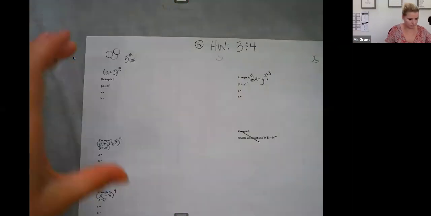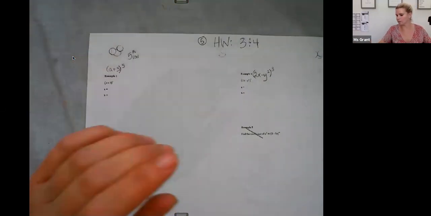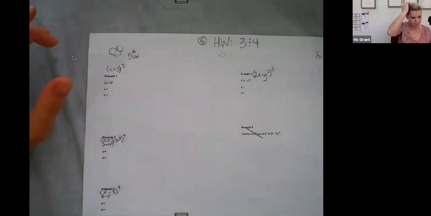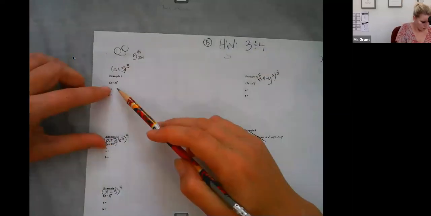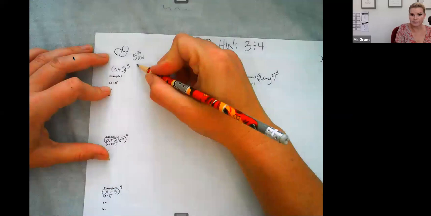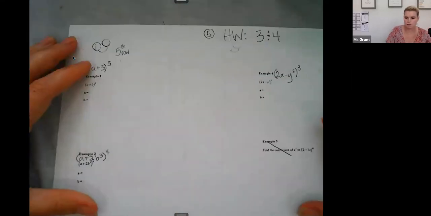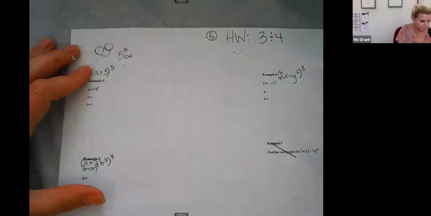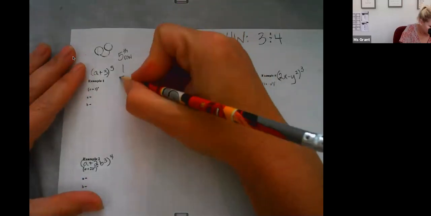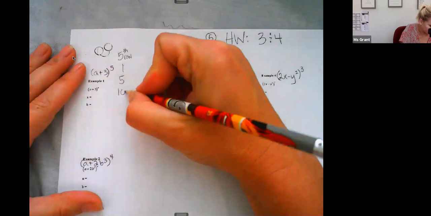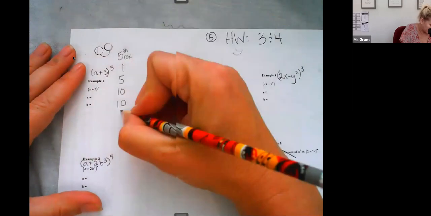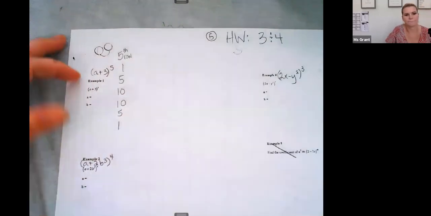Okay. Was that too close? Sorry if it was all blurry. The 5th row says, let me actually just have you focus. 1, 5, 10, 10, 5, 1.